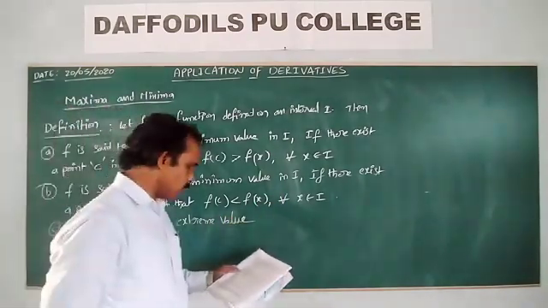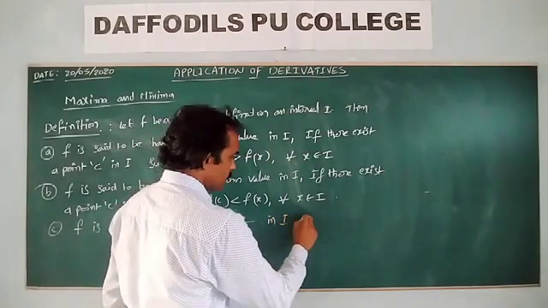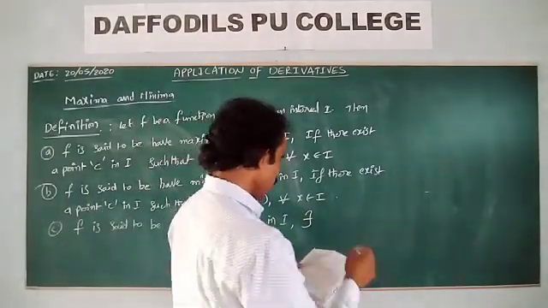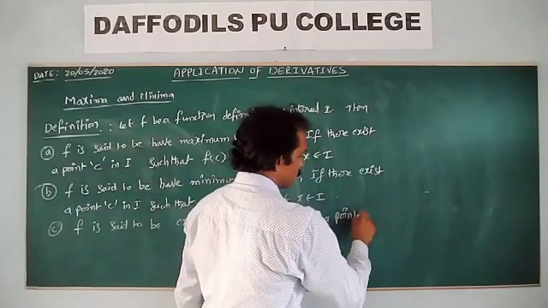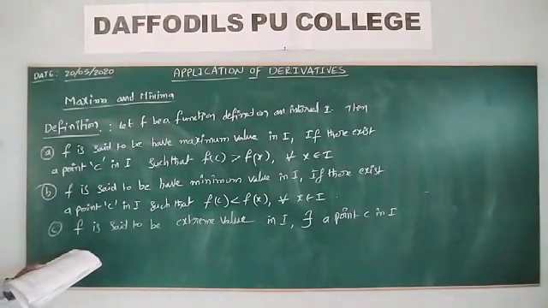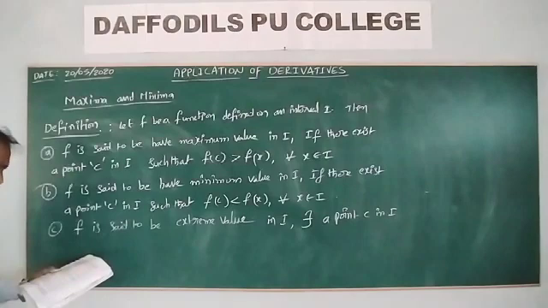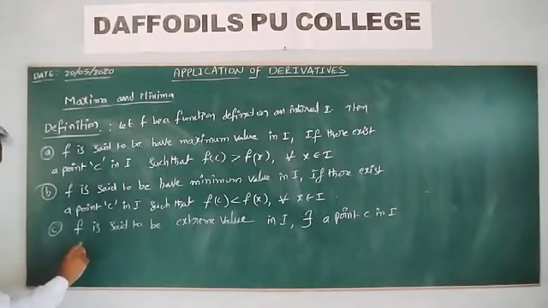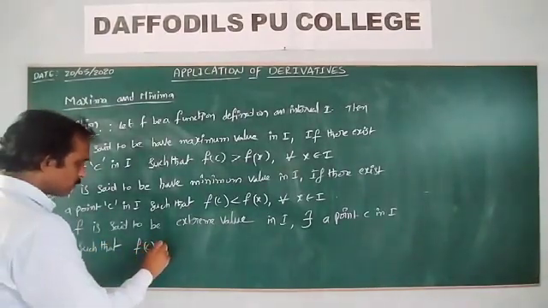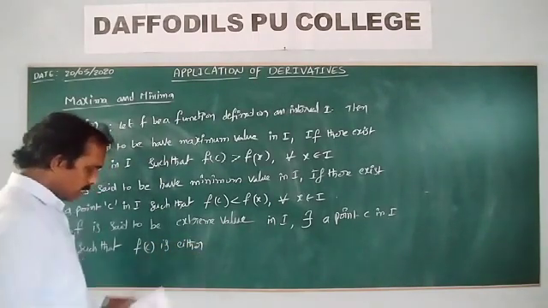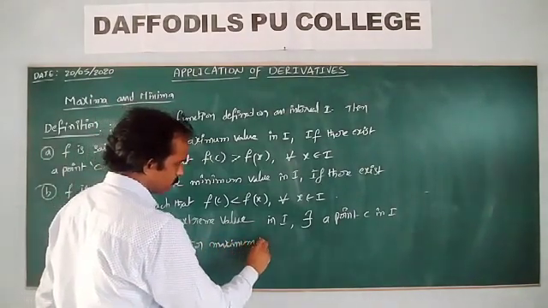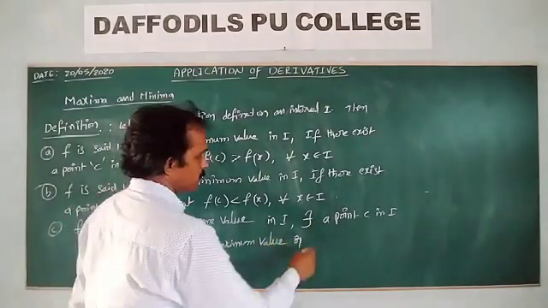F is said to be an extreme value in I if there exists a point C in I such that f of C is either a maximum value or a minimum value.